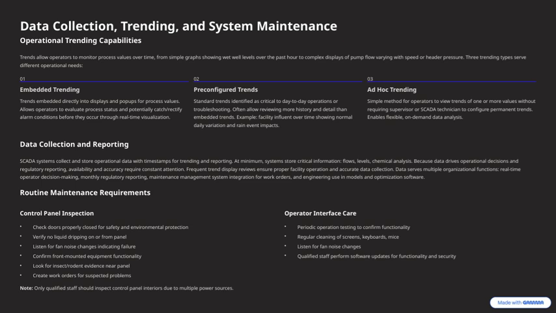Moving on to data collection and reporting, SCADA systems are vital because they gather and store operational data with timestamps. This data is crucial for trending and reporting, especially for flows, levels, and chemical analysis. Since operational decisions and regulatory reports depend on this data, its availability and accuracy require constant attention.